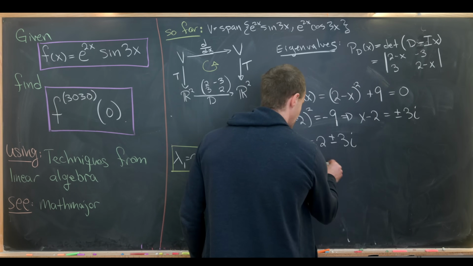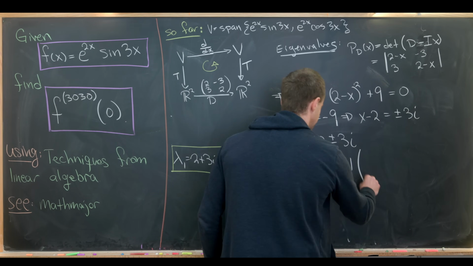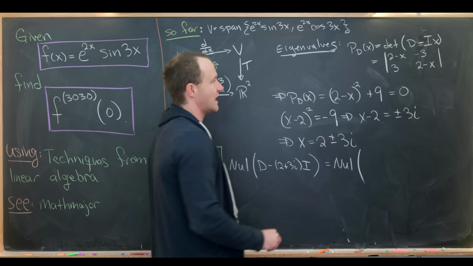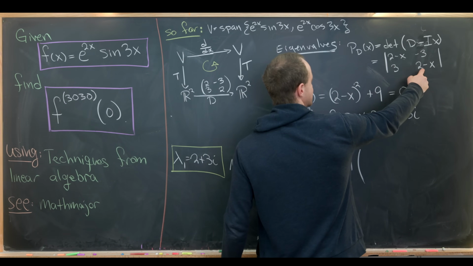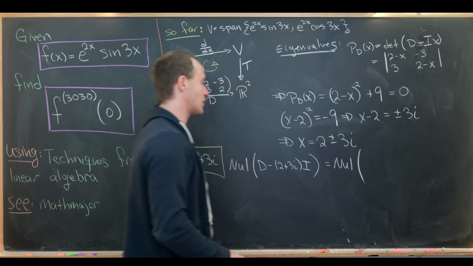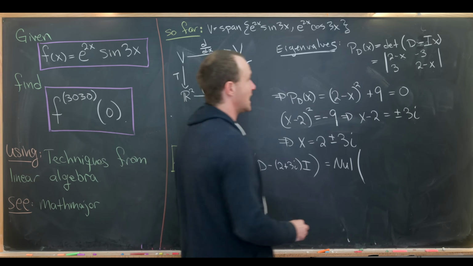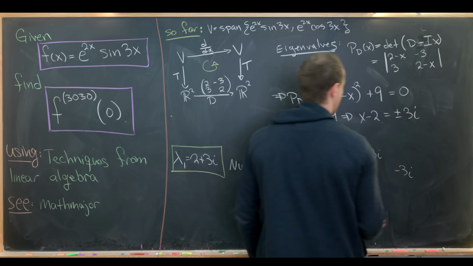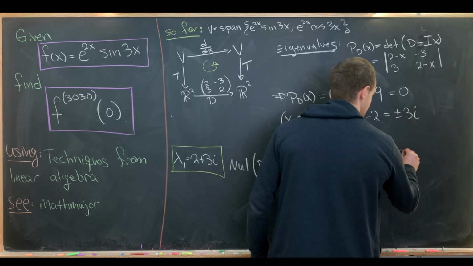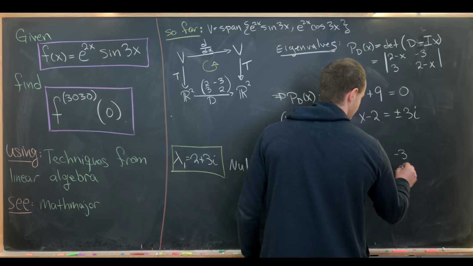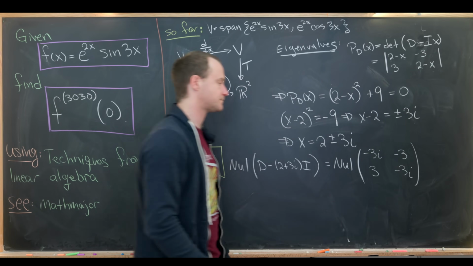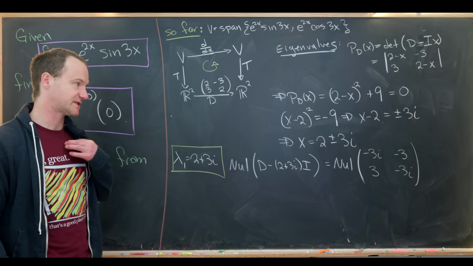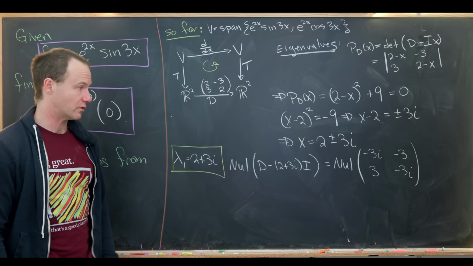Okay, but that's going to be equal to the null space of, so let's be careful here. We will have 2 minus 2, 2 minus 2, so that's 0 for the real part there. And then we'll be left with minus 3i on the diagonals, and then a minus 3 and a 3 on the off diagonal. Okay, but now row reducing does not change the null space, so we might as well start row reducing.